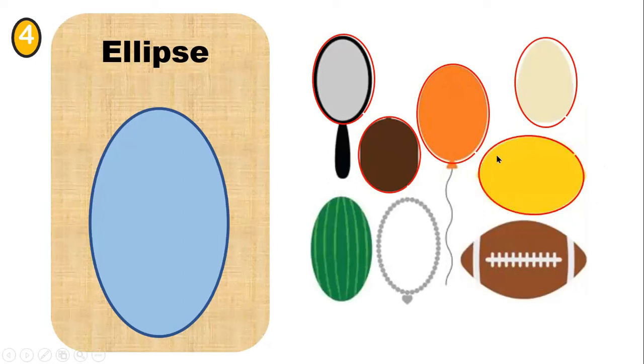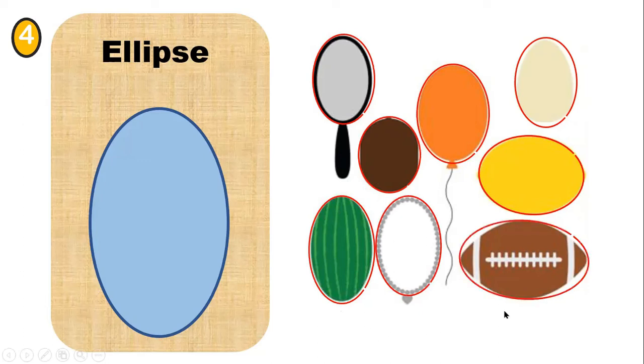You see that it has also an ellipse form. Okay, look at this watermelon. Also, it is in an ellipse form. Look at this necklace. Look at this rugby ball. Okay, so this is what we call ellipse.